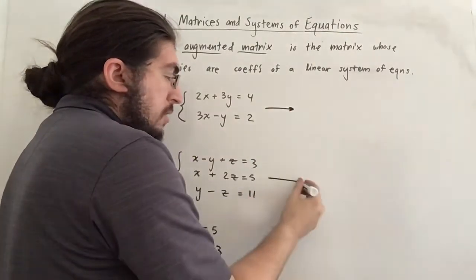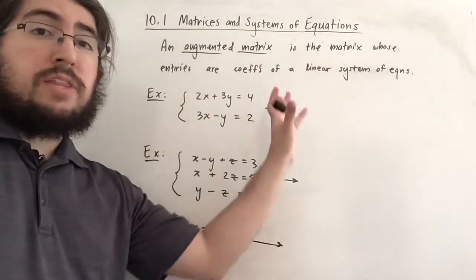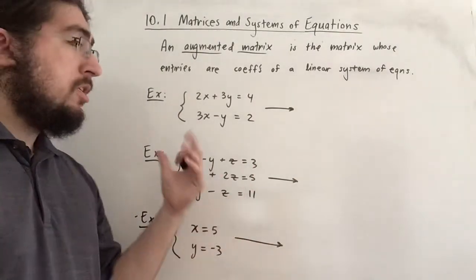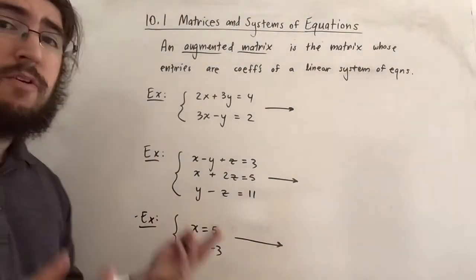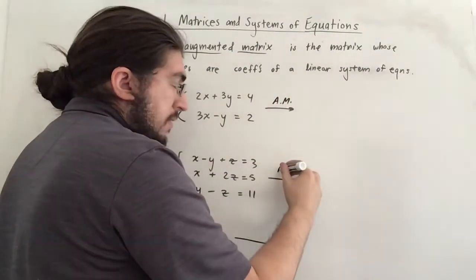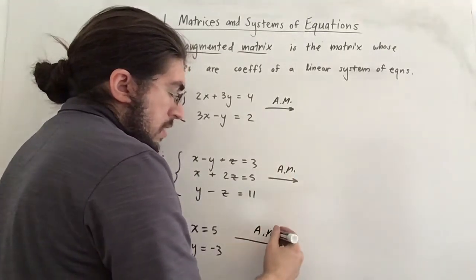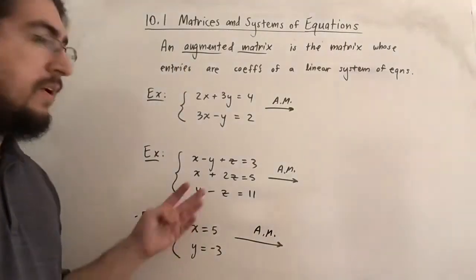So what I'm going to do now is take these 3 examples here and convert them into matrices. So I'm going to find the augmented matrix. Whenever I do that, I always entitle the arrow as AM, of course, for augmented matrix. So let's see if we can figure out what's going on here.